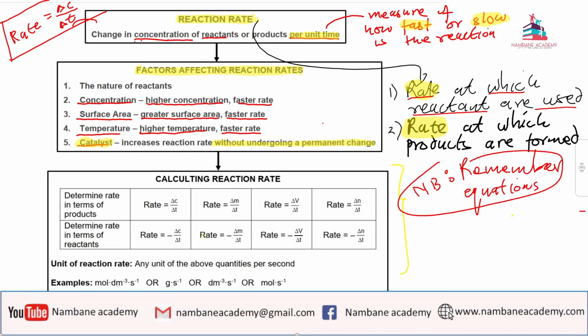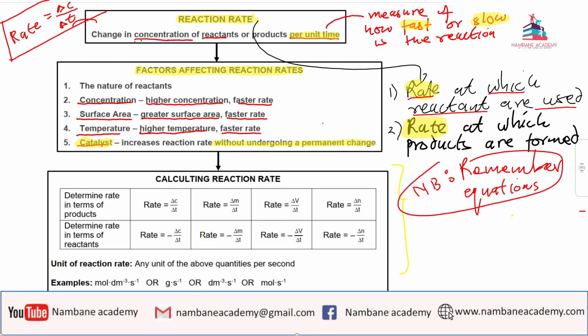So allow us to use a definition as a form of remembering this particular equation: change in concentration of reactants or products per unit time. We can use the definition to remember this in an examination.